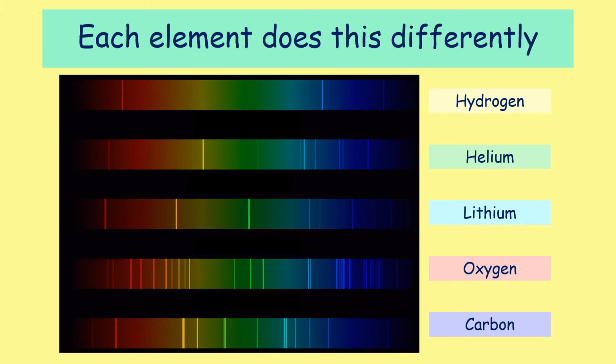Now each element does this process differently. The energy of those photons means that they appear at different wavelengths and different frequencies, and different wavelengths of light show us different colors. So we've got 5 elements here, and everywhere you see a bright light, that is the wavelength corresponding to an energy change in energy shells for that element.